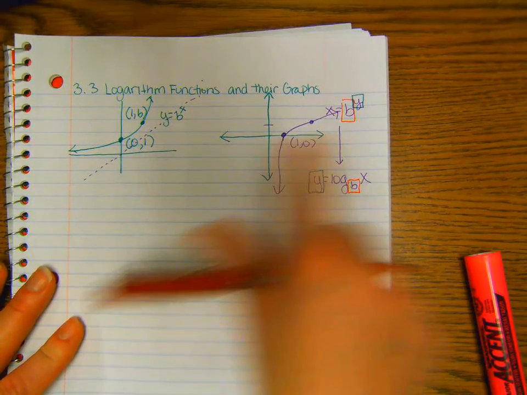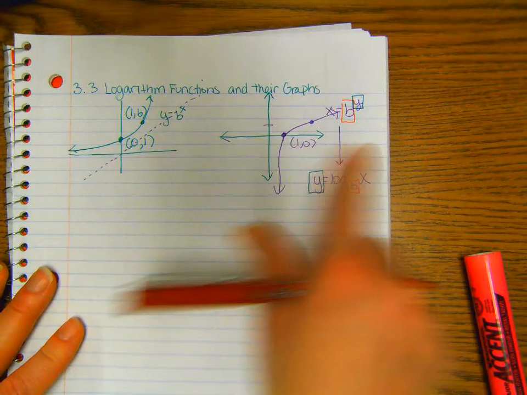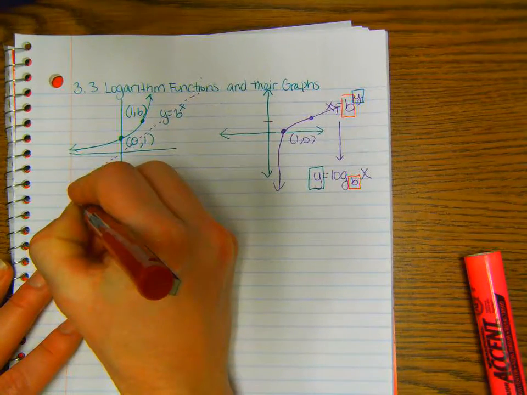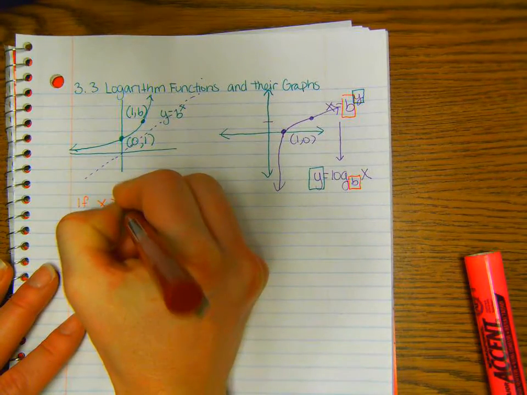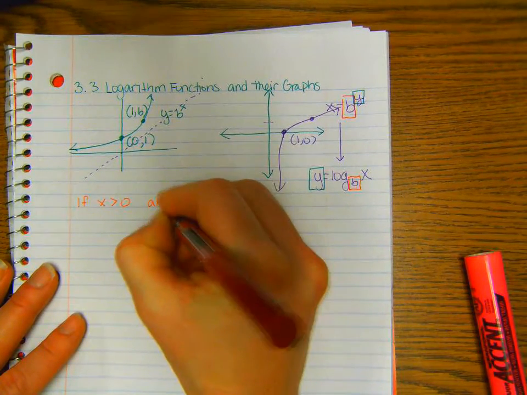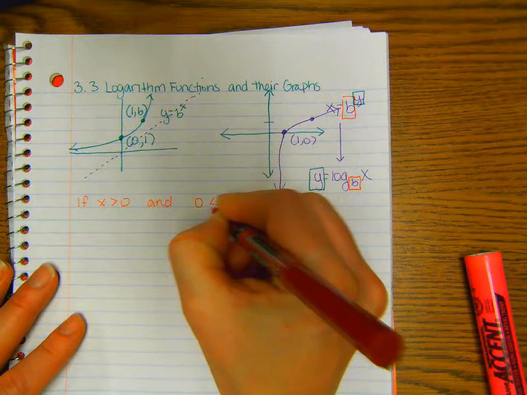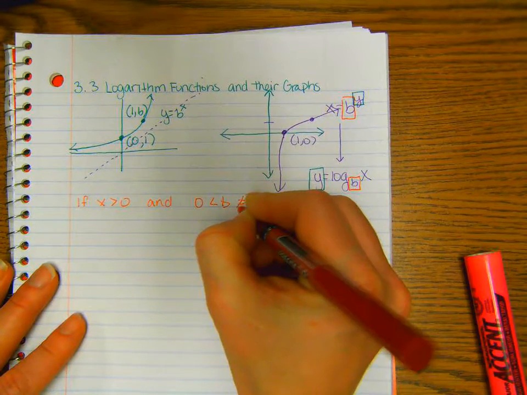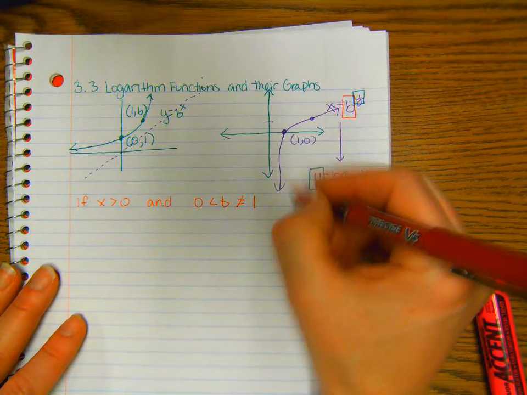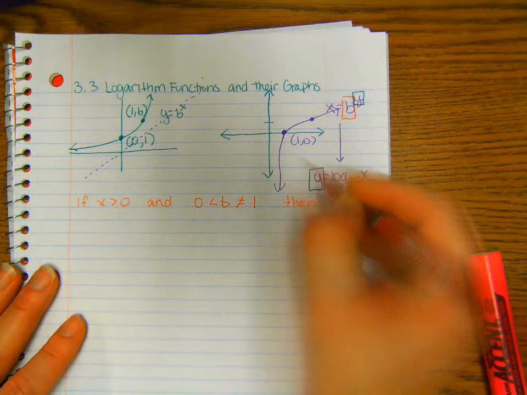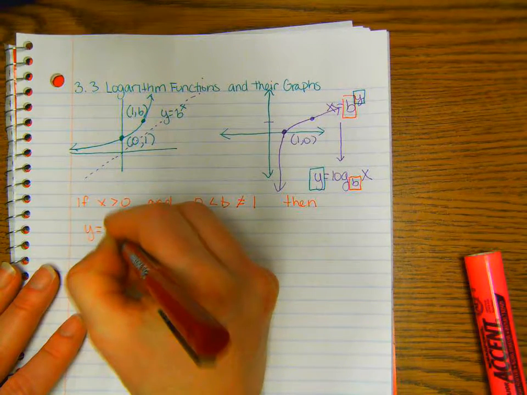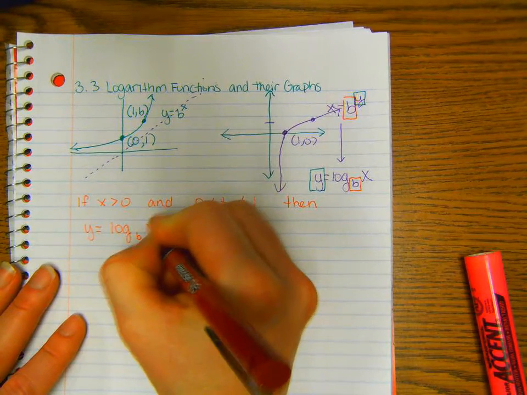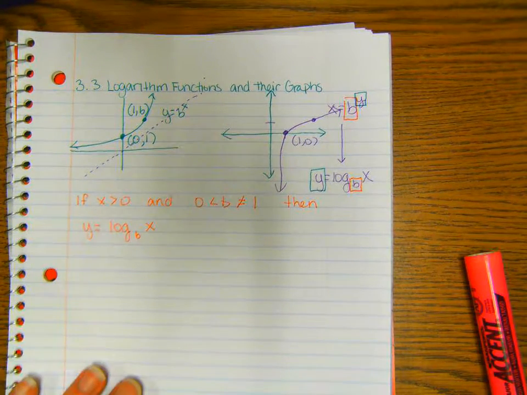So as long as x is greater than 0, and b is greater than 0 and not equal to 1, then y equals log base b of x if and only if b to the y equals x.